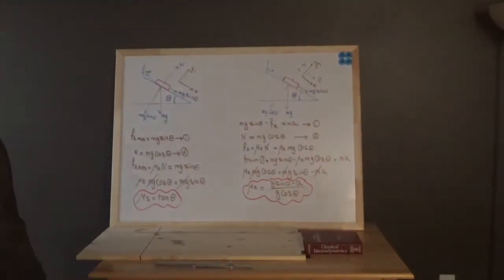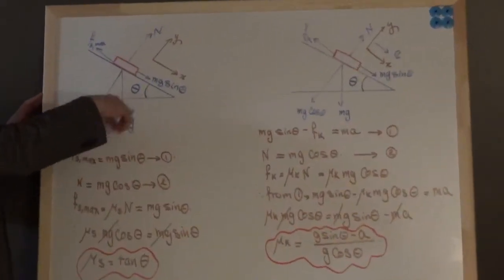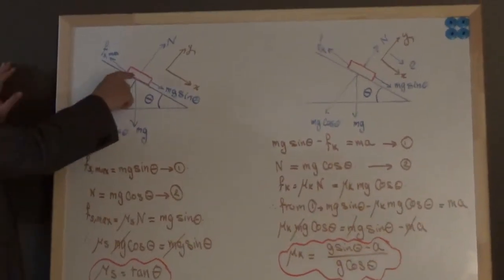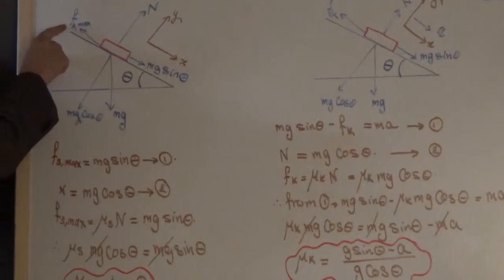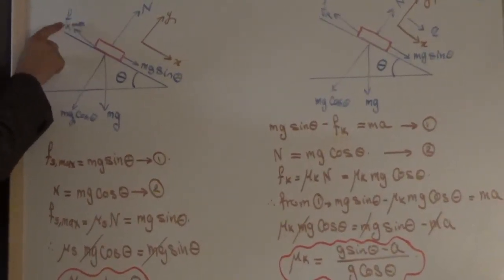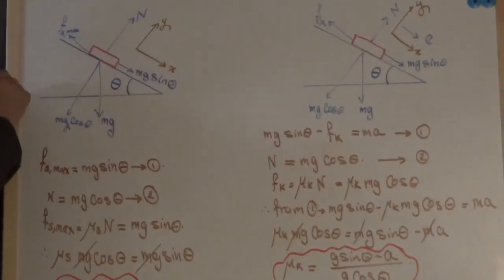And I will start, guys, talking about the static friction. So we know when the object is about to move, there is a kind of friction right here called max static friction or max static friction force.